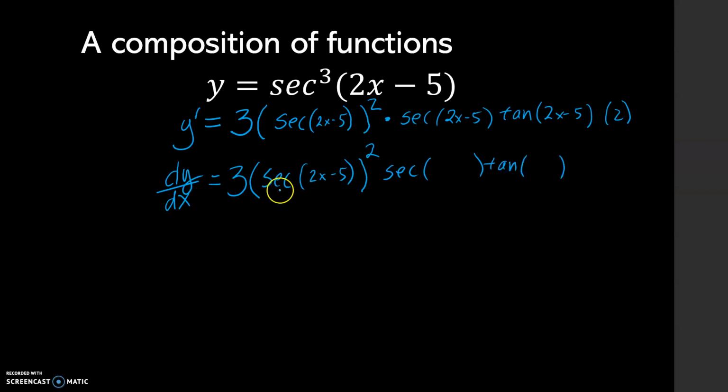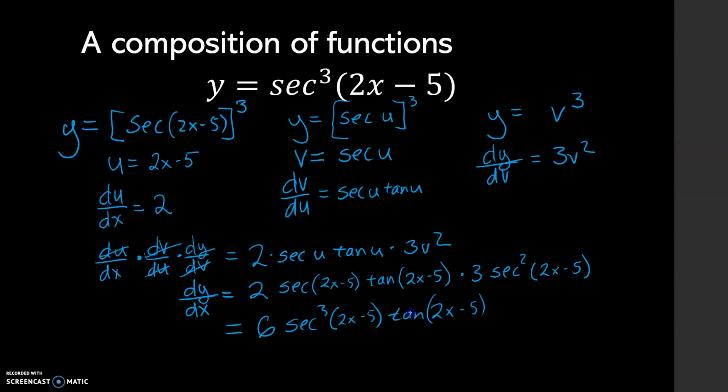And since the original secant had a 2x minus 5 as its input, it's secant of 2x minus 5, tangent of 2x minus 5. That 2x minus 5 has a derivative of 2. You'll notice when I switch back to what we did before, that's the exact same thing.